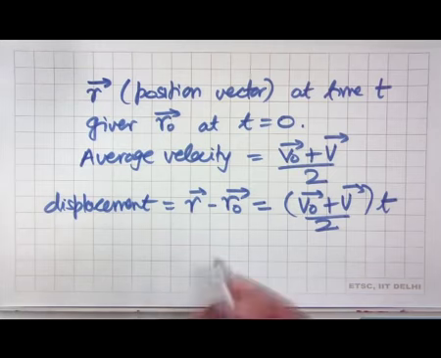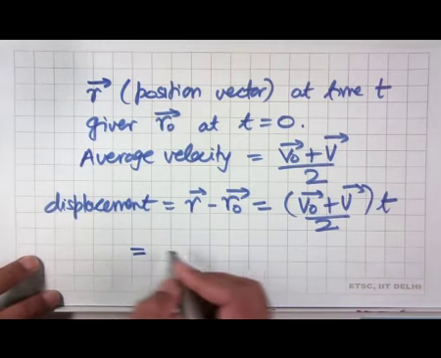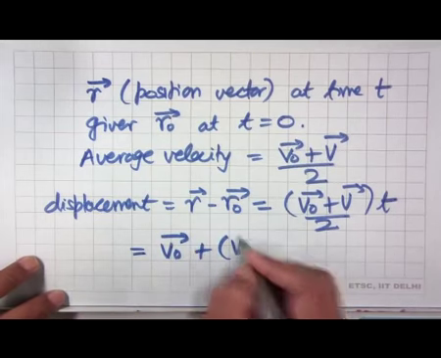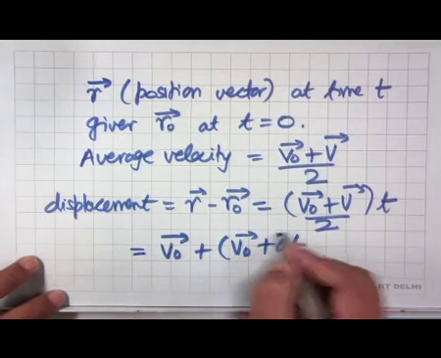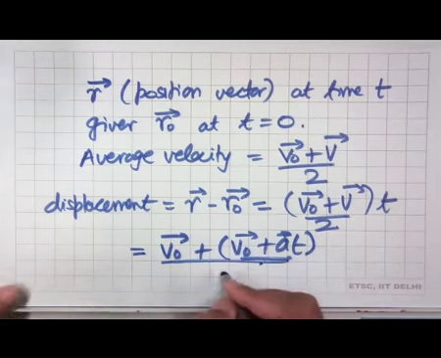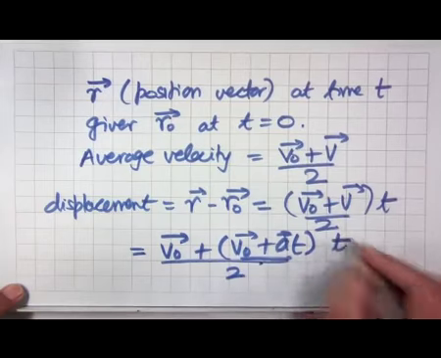So, therefore, we can write this as equal to v0 plus v0 plus at by 2 times t.